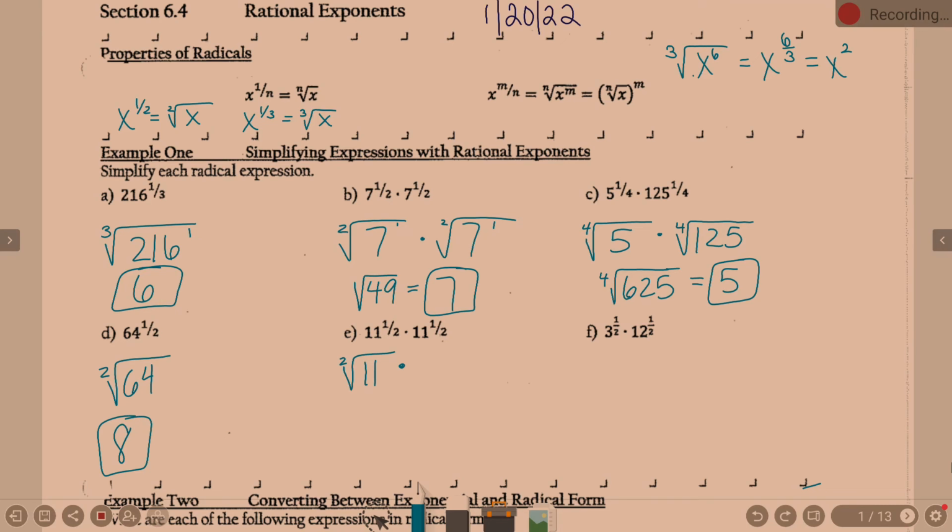The other 11 to the 1/2 is also the square root of 11. The square root of 11 times the square root of 11 is? Square root of 121, which takes us right back to 11. So there are some shortcuts you can take, and I'm fine with you guys taking some shortcuts here and there.